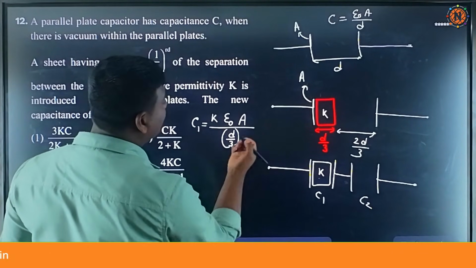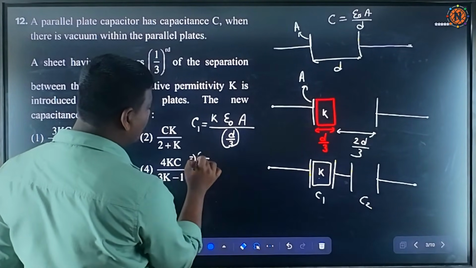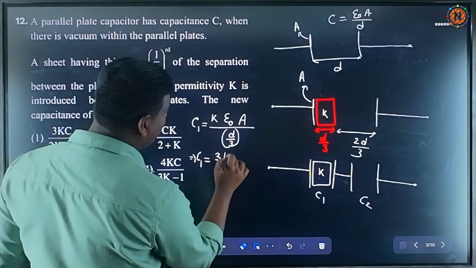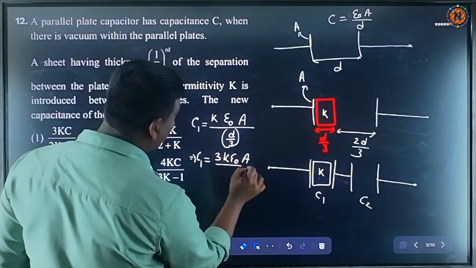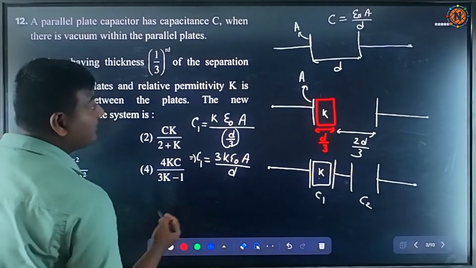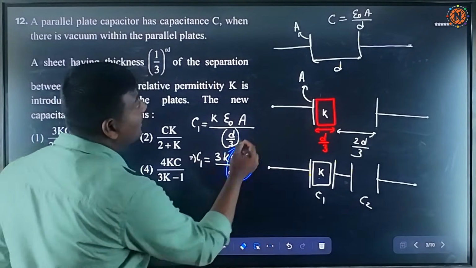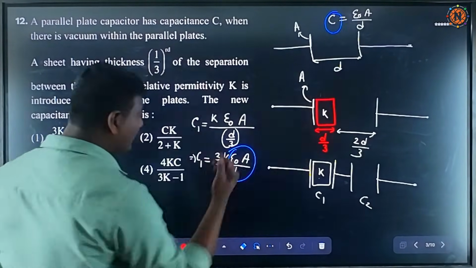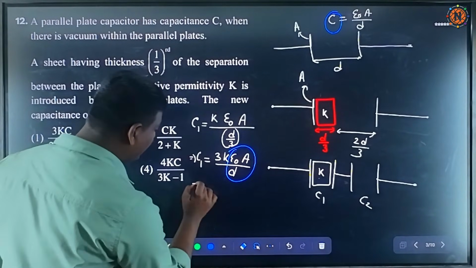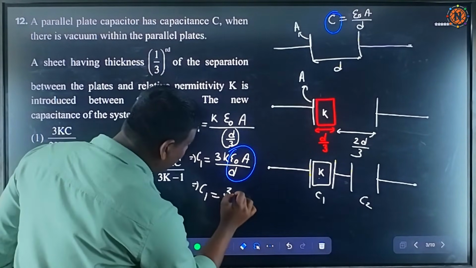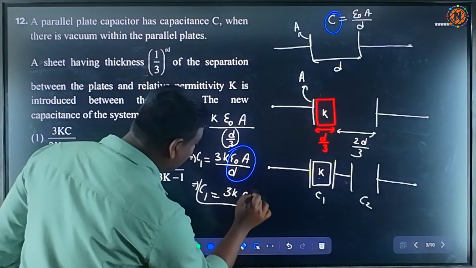Just simplify it. You will get C1 equal to 3K epsilon naught A by D. And since epsilon naught A by D we have taken as C, yes or no? So C1 is 3KC.